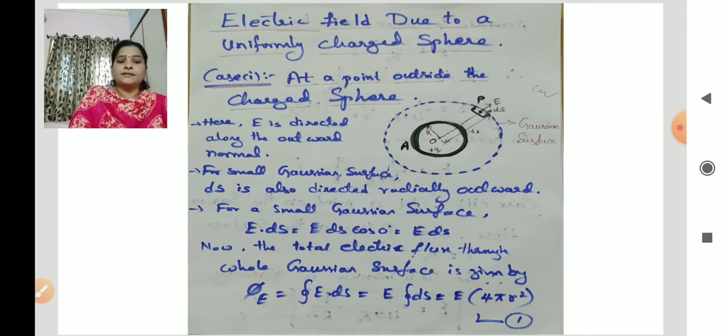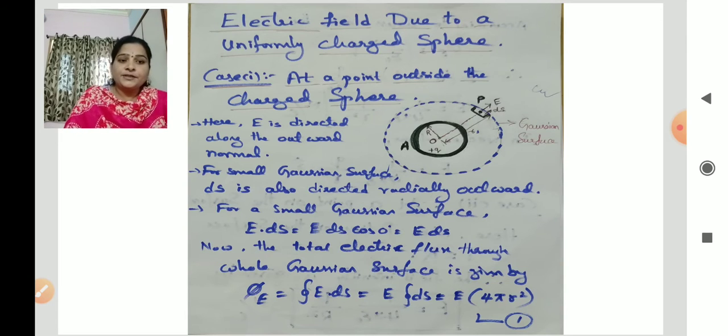So for this small Gaussian surface, let us find the electric flux. We know what electric flux is. Electric flux is E dot ds. So E dot ds is equal to E ds.